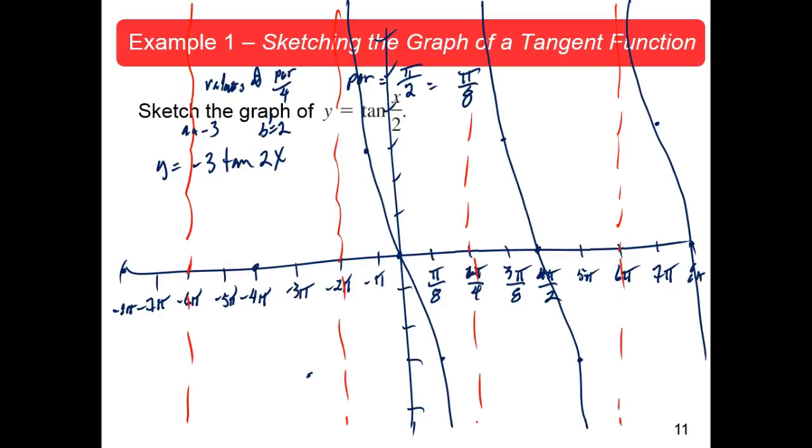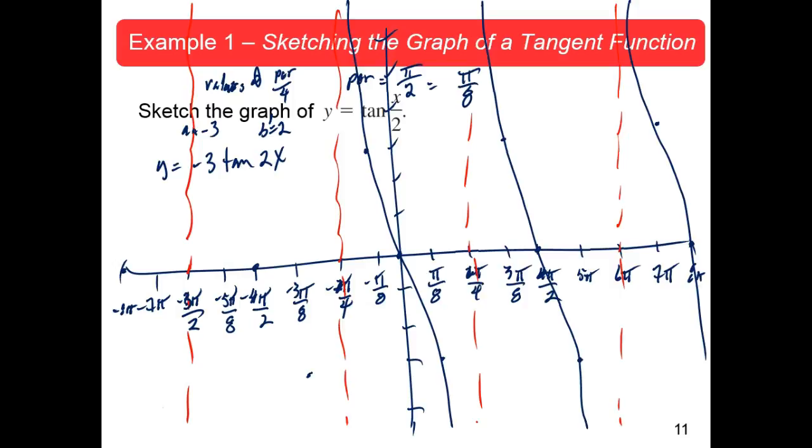And so your quarter of a period would be pi eighths. And this would be minus pi eighths, minus pi fourths, minus 3/8 pi, minus pi halves, minus 5/8 pi, and on like that. And this would be minus 3/2 pi. Okay. So it would just go on like that. So everything is very similar except the period.